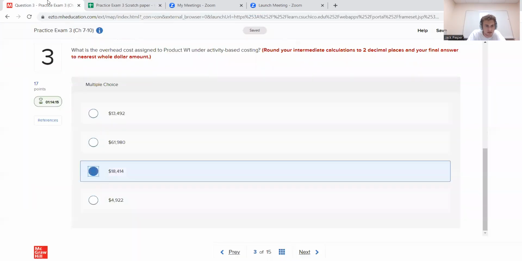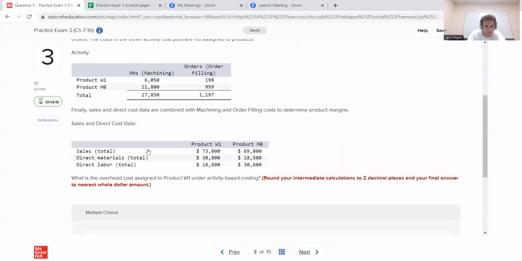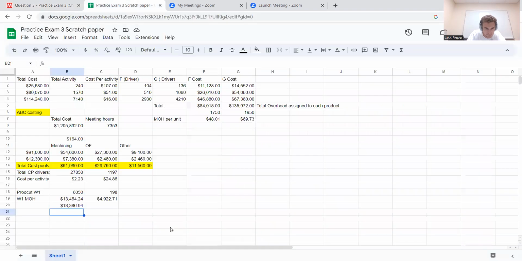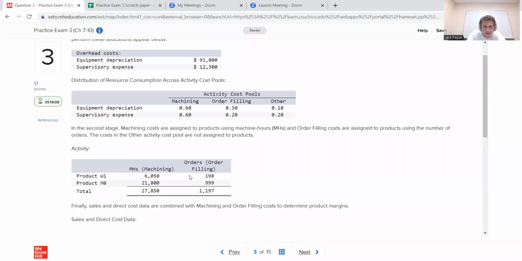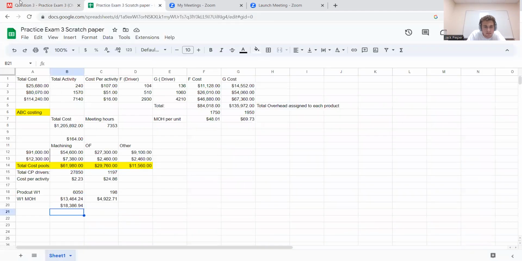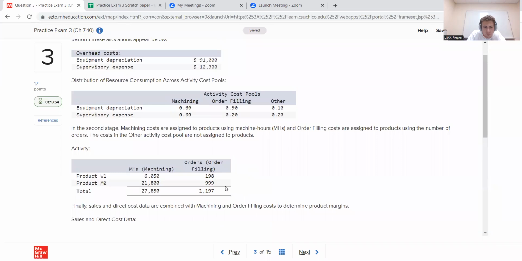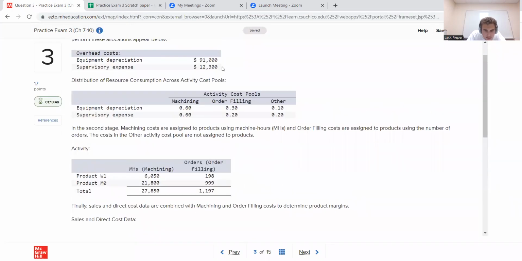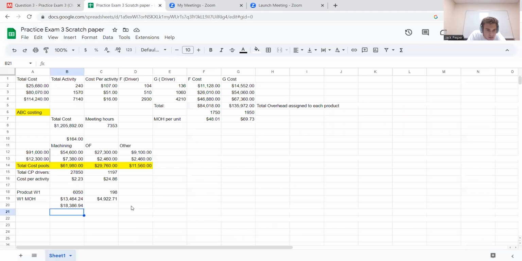So 18,414. I do not like when the numbers do not match, but that seems close enough. That's how you would do it.